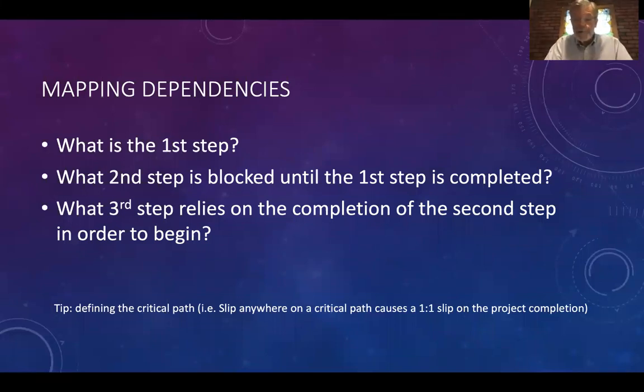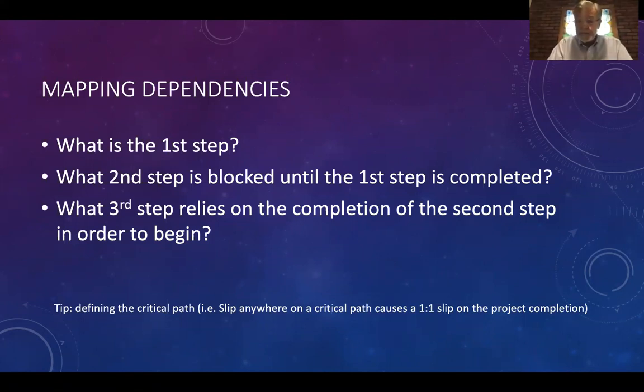So first you define what the first step is. Then you take a look, what's the second step? And how is it blocked until the first step is completed? Okay, so there's a relationship between step 1 and step 2, that 1 has to be done before 2 can be done.